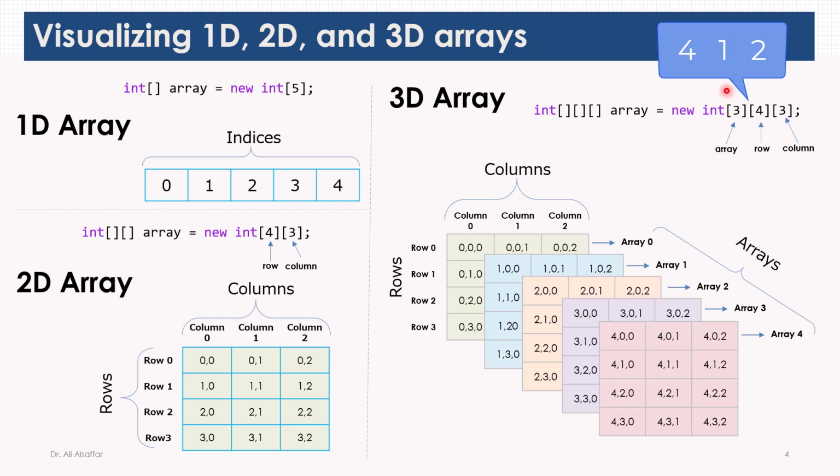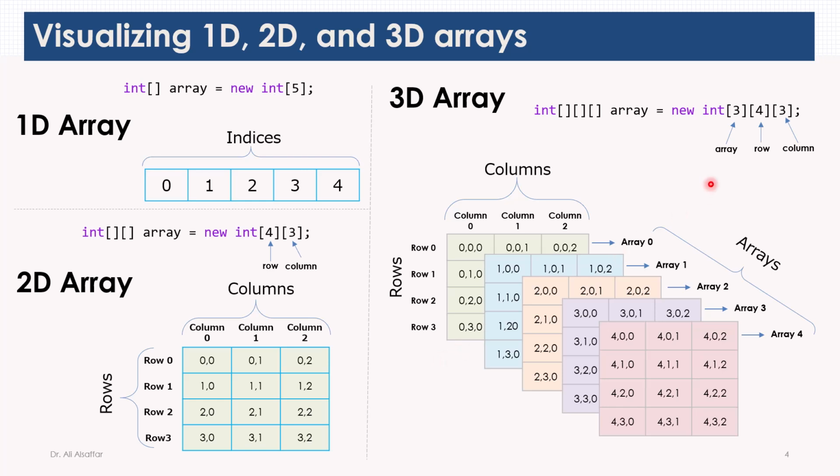The first dimension has the index 4, which means we are referring to table number 4. Now here we have the tables, so this is table number 4. And for the second and third dimensions, 1 and 2, we are referring to row 1 and column 2. So this is array 4, this is row 1, and where is column 2? This is column 2. So this is the entry 412, and we are referring to this element.